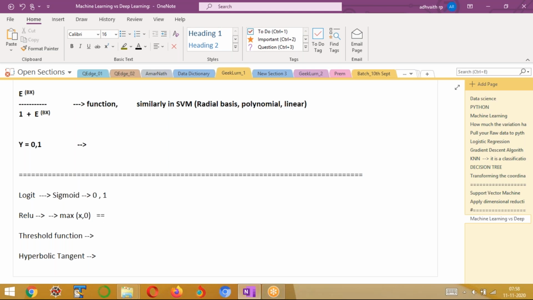If your value comes out as a negative result, it will take only 0. Otherwise, what does otherwise mean here? If it is a positive value, it keeps the same value.